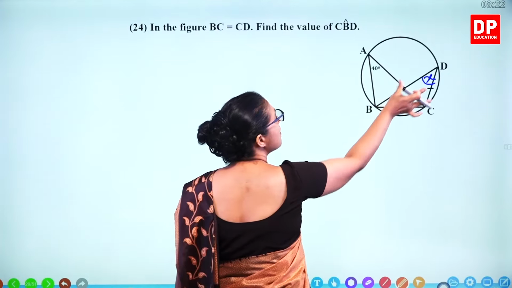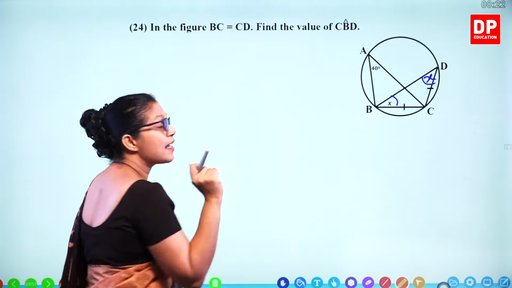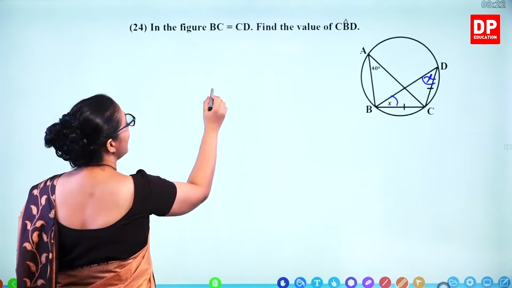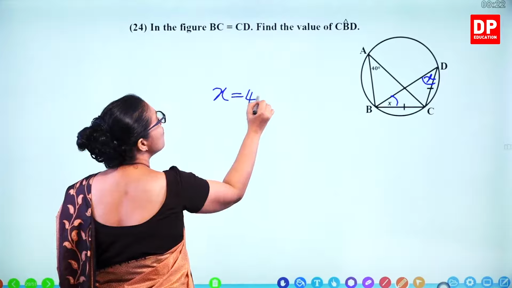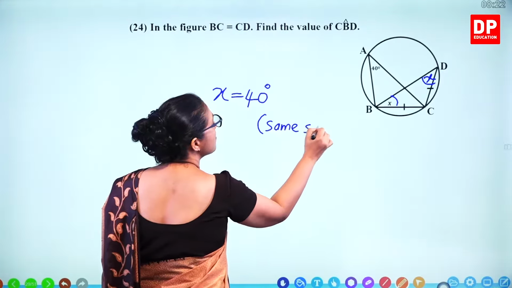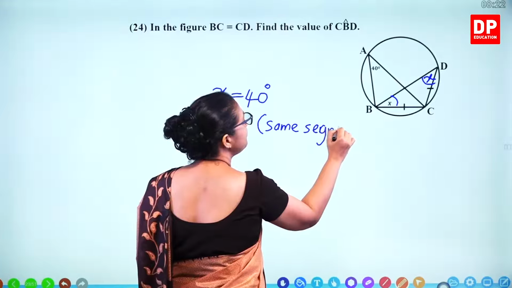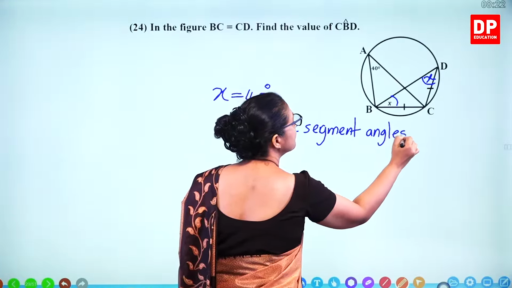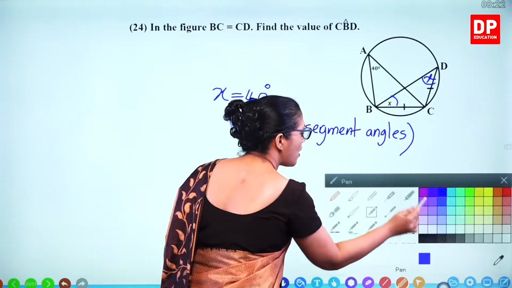Same segment angles. Same segment angles are equal. So what is x? X is equal to 40. Same segment angles. So 2 marks for that.